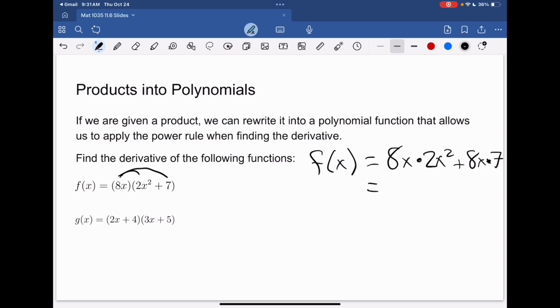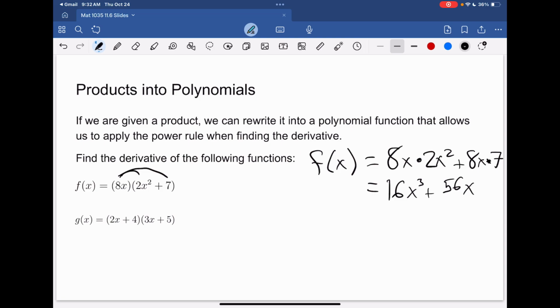Now that I've done that, I'm going to multiply and do my algebra. So 8 times 2 is 16. x times x squared, that's an exponent rule, we add the exponents, so that's x cubed, plus 7 times 8 is 56x.